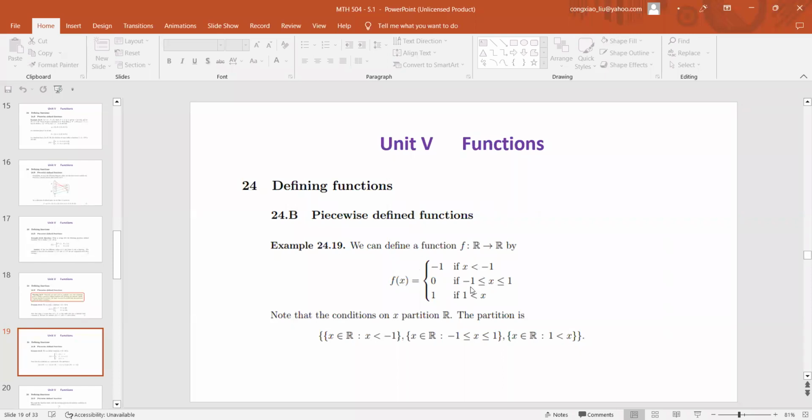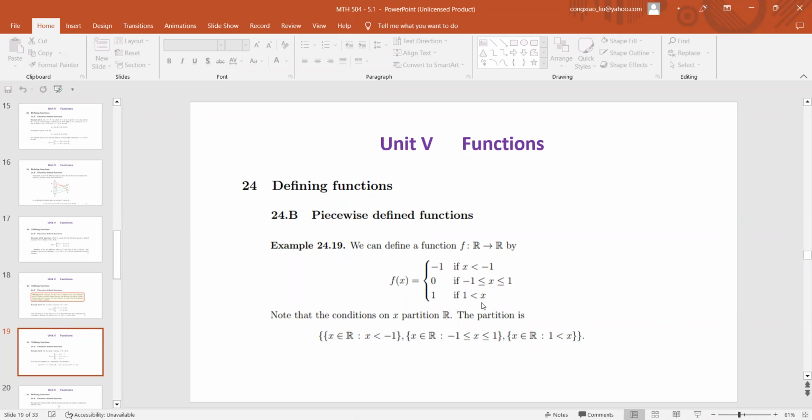The second part is for x between -1 and 1, including both endpoints, and the function value is 0, so y equals 0. So that's the x-axis from -1 to 1, including the two endpoints.